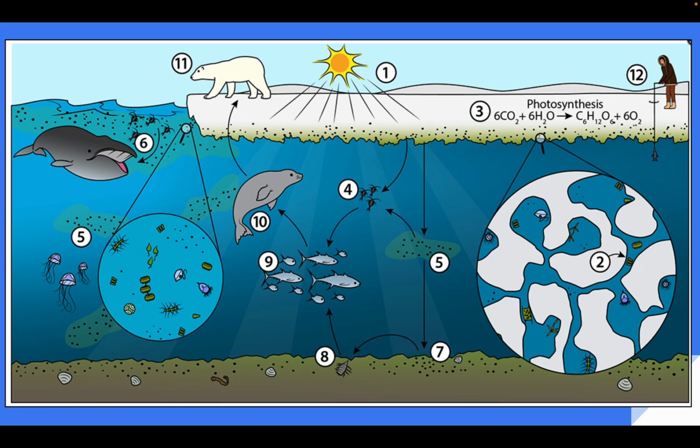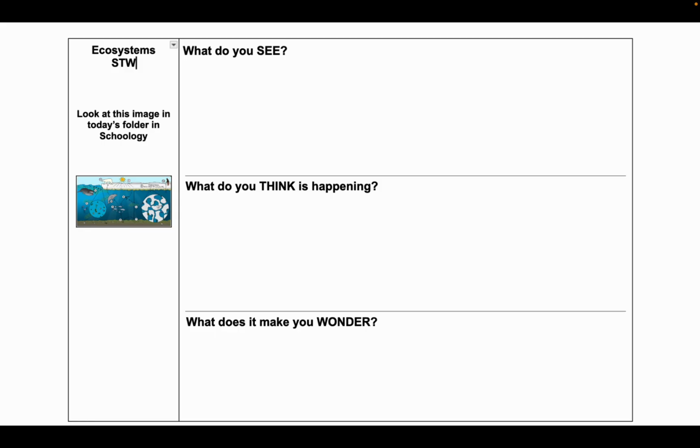Question number 1. What do you think this overall graphic is showing you? What information is this graphic showing you as a whole? So answer that question number 1 where it says, what do you think is happening? What do you think the whole graphic is showing?